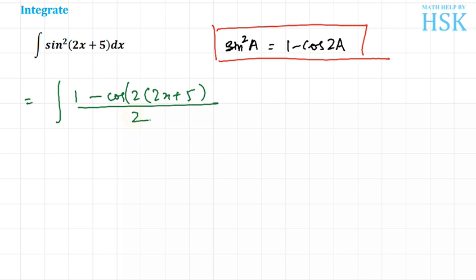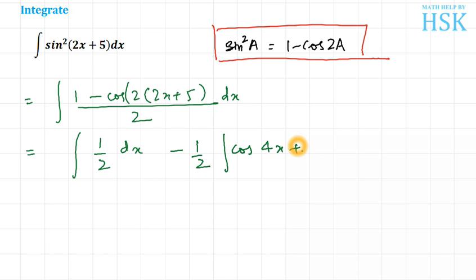upon 2 dx. Now I cannot integrate sine square, but I can integrate cos, because cos doesn't have any square. So I can write this as integration of 1 upon 2 dx minus 1 upon 2 times integration of cos of 4x plus 10.